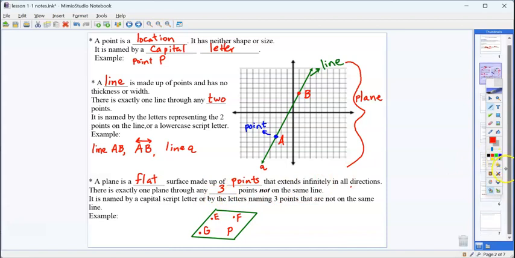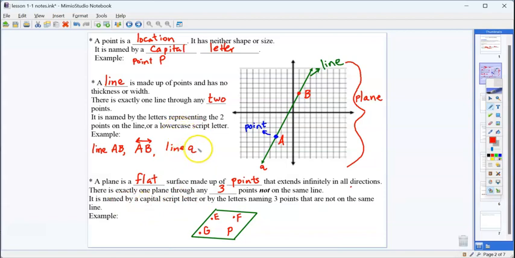And there's an example of that here at the bottom of my screen. Notice I've got the points E, F, and G. They are not on the same line, so that constitutes a plane. And the way we name a plane, there's several different ways. We can use a capital letter, notice different than a line.